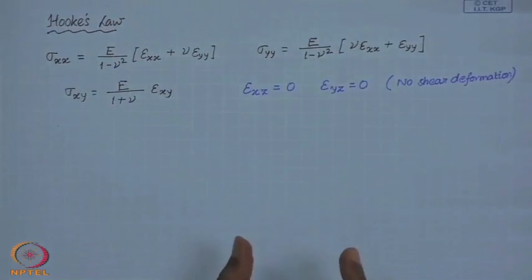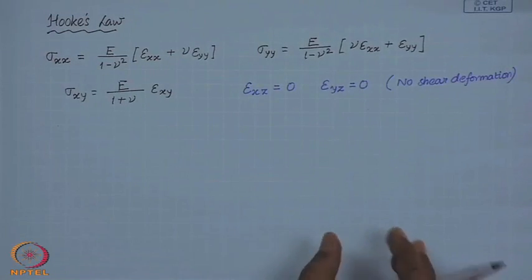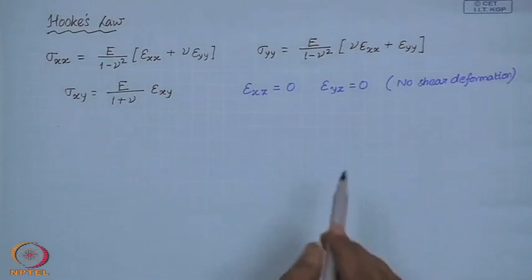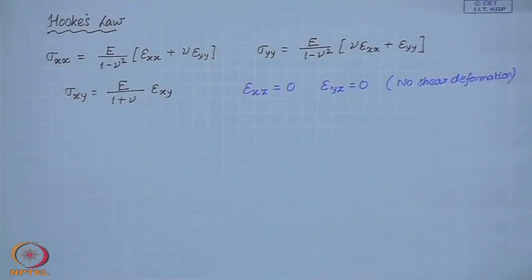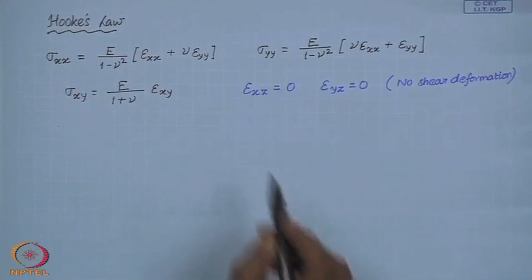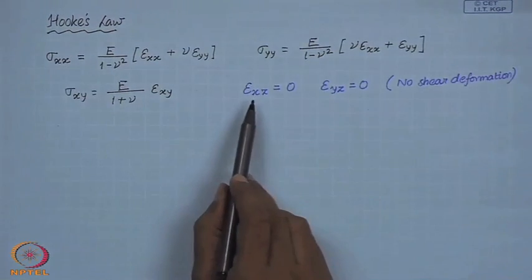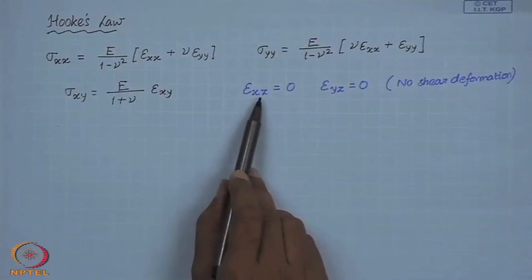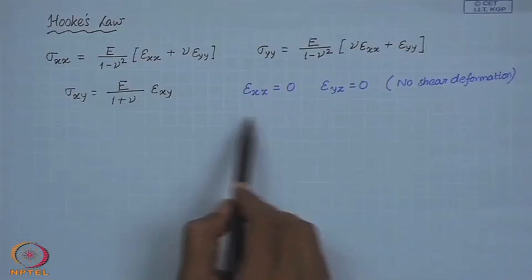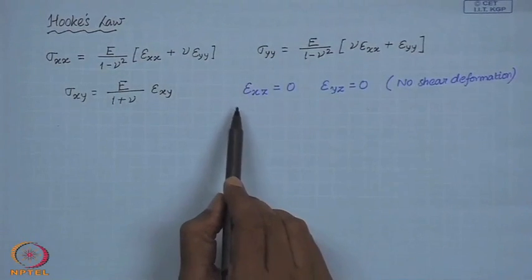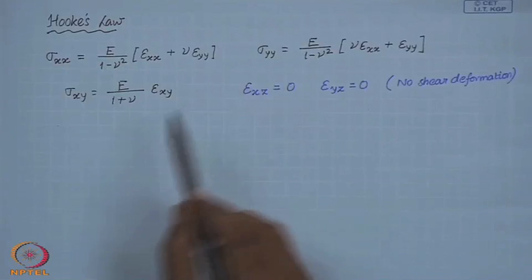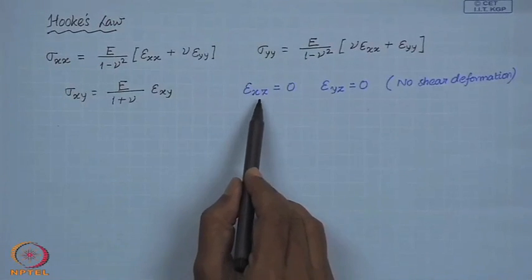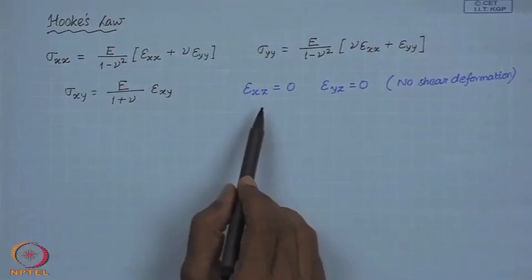So, there is no shear deformation of the element along the z. Therefore, the corresponding stresses cannot be calculated from any material constitutive relation. We have to determine them from the equations of motion.